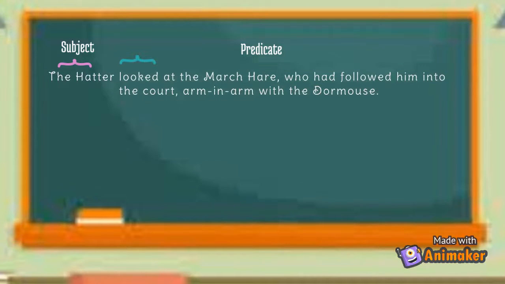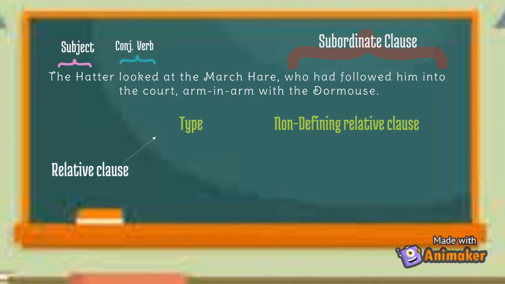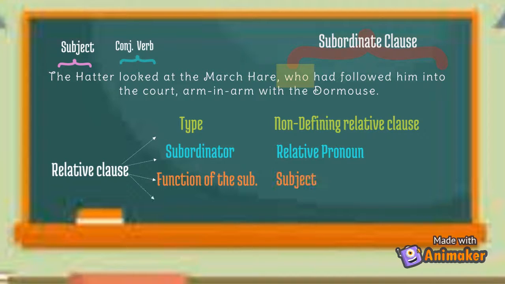In the predicate, the main verb or conjugated verb is looked, and the subordinate clause, who had followed him into the court arm in arm with the dormouse, corresponds to a non-defining relative clause, whose subordinator is a relative pronoun with the function of a subject, and the antecedent corresponds to a personified animal, the hare.